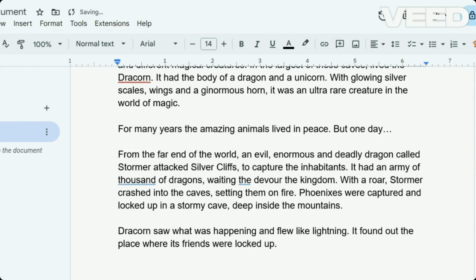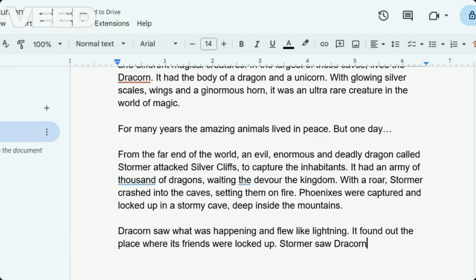Now will Dracon save the day? So now Storm sees. No, my bad. As I told before, we can't write in present tense, so we can't jumble up. My bad. Storm saw Dracon, and now Storm is really, really angry.